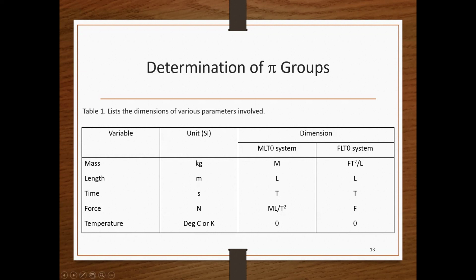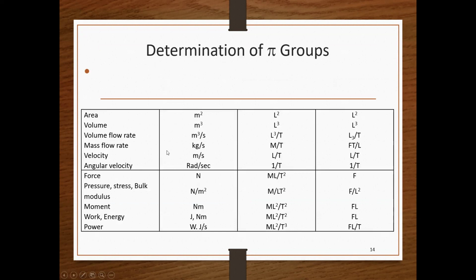Area is meter squared, so L squared in both. Volume, cubic meter, is L cubed. Volume flow rate, cubic meter per second, is L cubed over T in both.